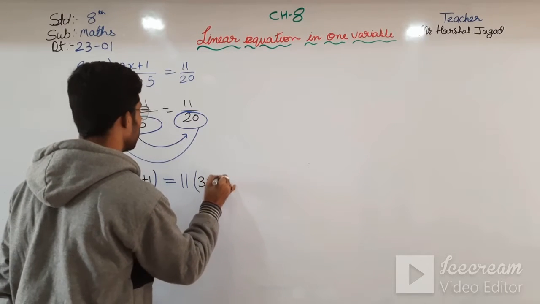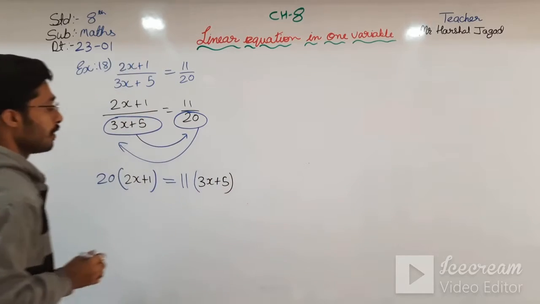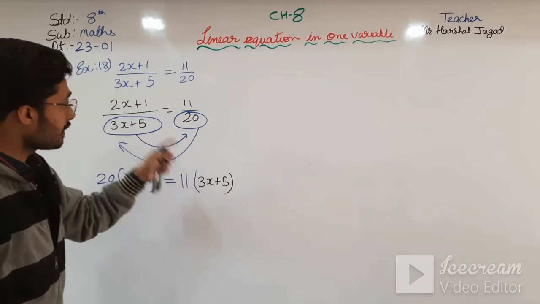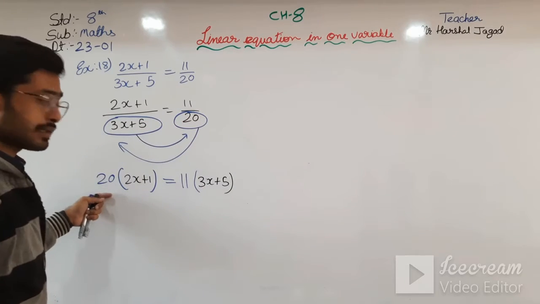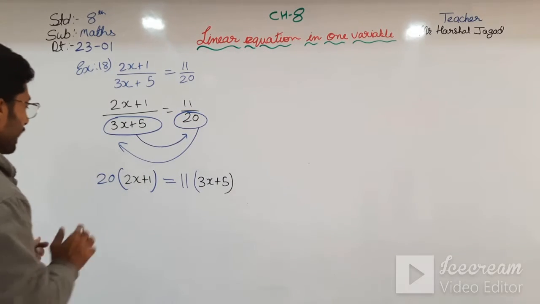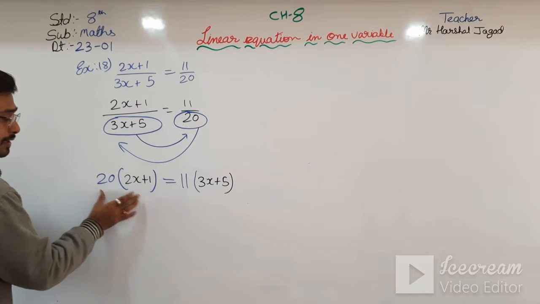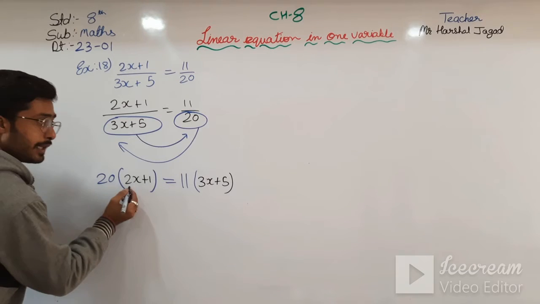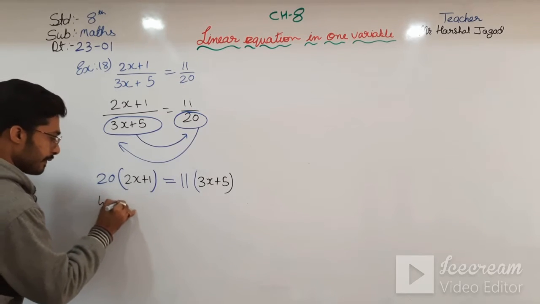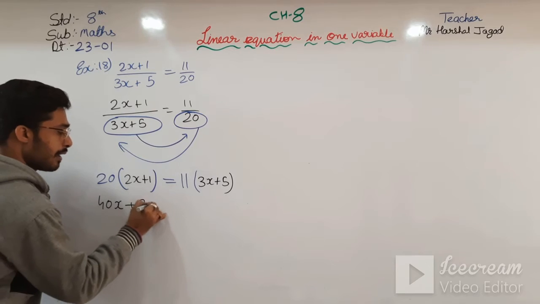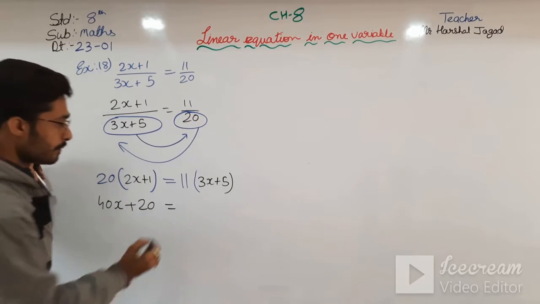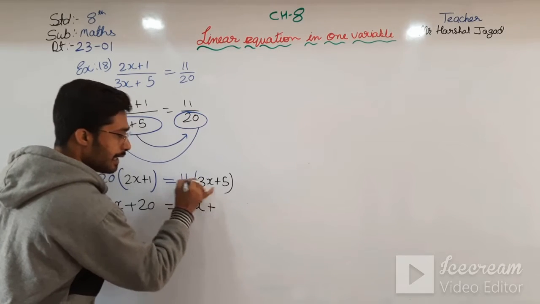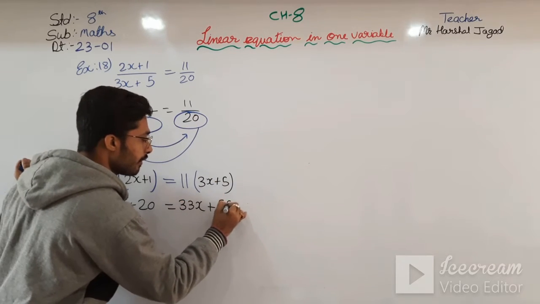So I have taken this one to this side and this one to this side. Now multiplying the brackets, 20 twos are 40x plus 20 ones are 20 is equal to 11 into 3, that is 33x, plus 11 into 5, that is 55.